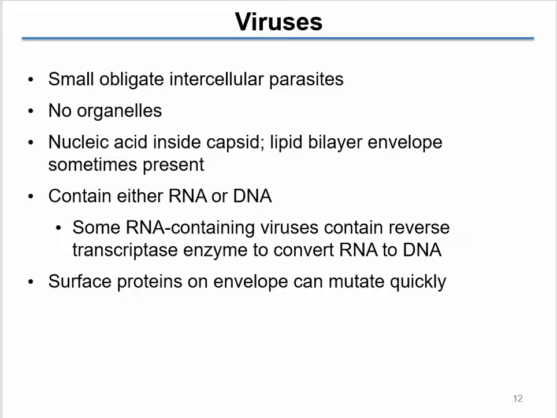It's an RNA virus, but it hijacks the DNA synthesis of the cell. It has to use reverse transcriptase to convert the RNA to DNA in order to reproduce. One of the current drugs they use for people with HIV infection is a reverse transcriptase inhibitor that prevents this from happening, and it slows down the reproduction of the virus.